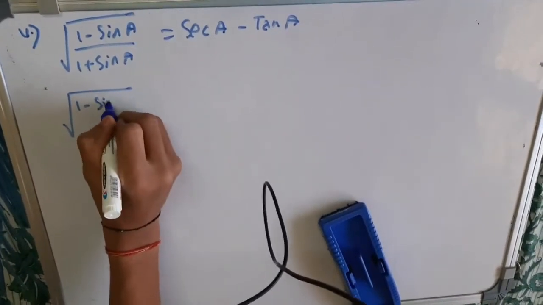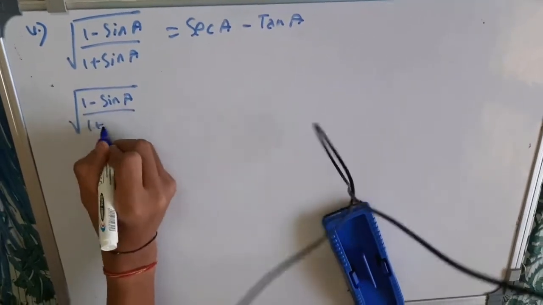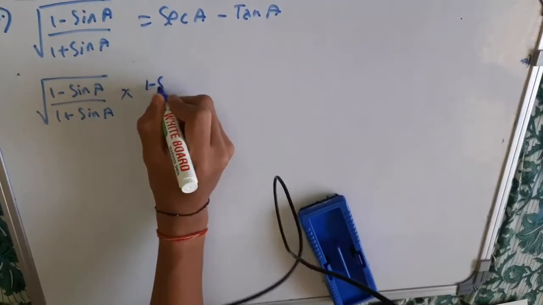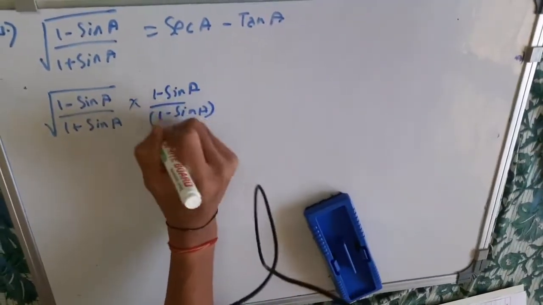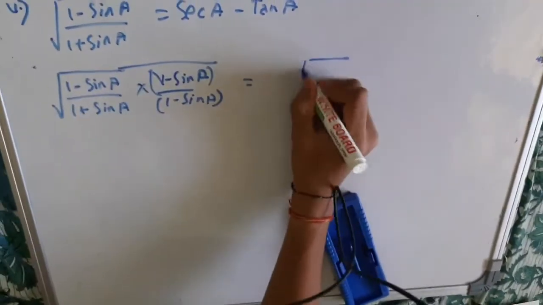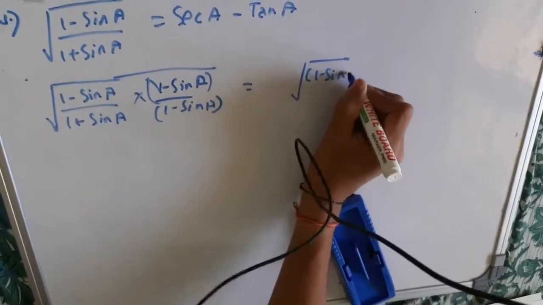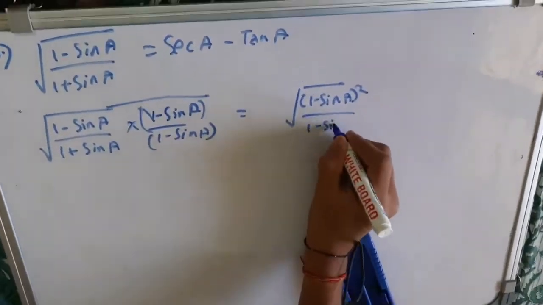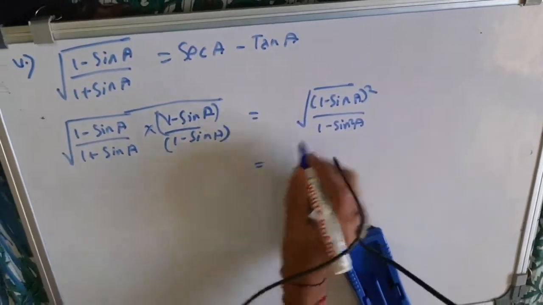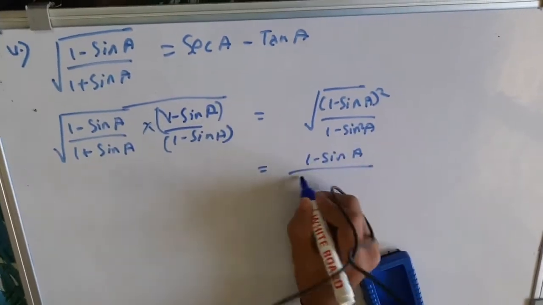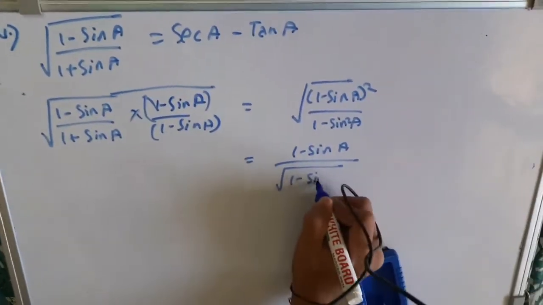Under root of 1 minus sin a upon 1 plus sin a. Now we can multiply and divide by 1 minus sin a. This would become (1 minus sin a) whole square upon (a plus b)(a minus b), 1 minus sin square a. This would be released from the root, 1 minus sin a, and this would be left, 1 minus sin square a.